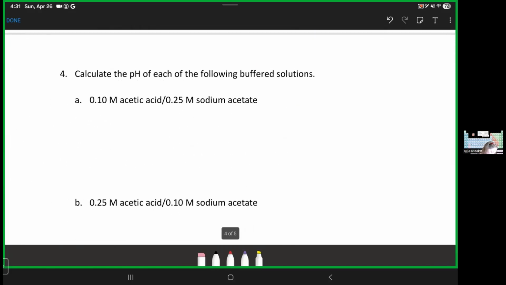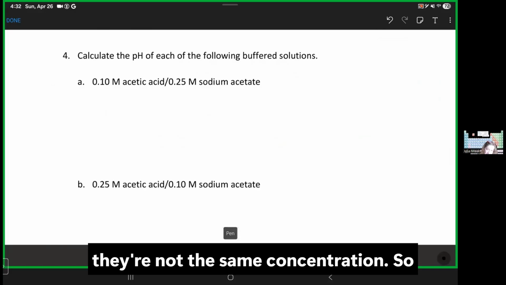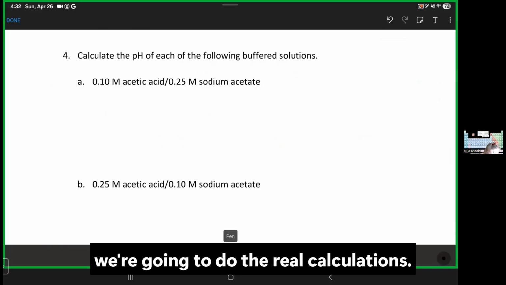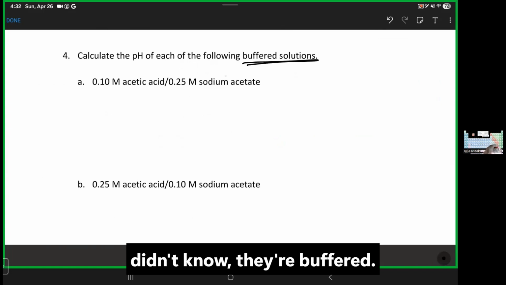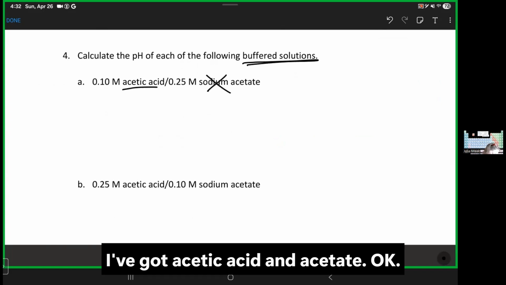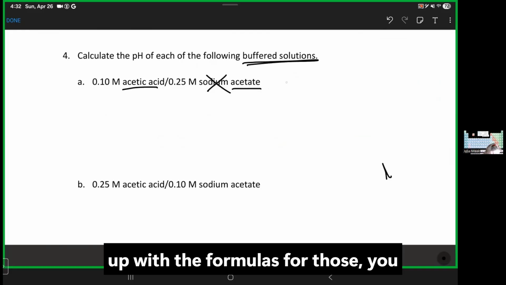Okay, so now we've got buffered solutions. Now they're not the same concentration, so we're going to do the real calculations. Okay, so these are buffered, and if you didn't know they're buffered, I've got acetic acid and acetate. Okay, and if you don't want to come up with the formulas for those, you can use the generic expression.